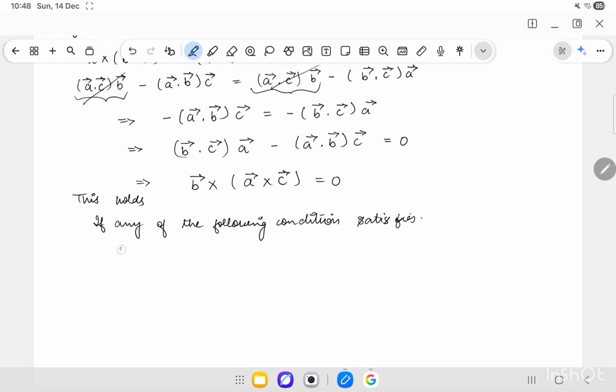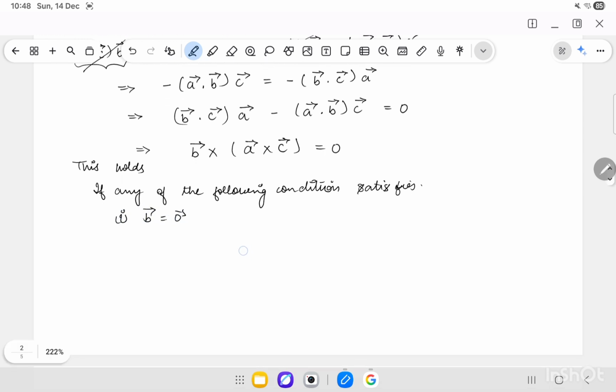That is, if I take my B vector as 0 vector, our second condition can be if C vector is collinear with A vector.